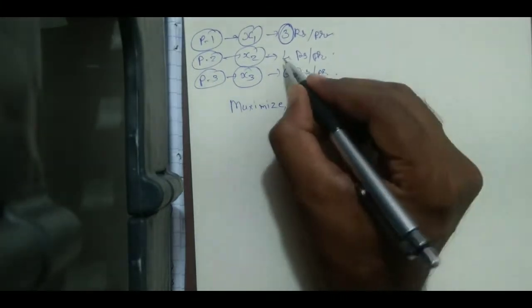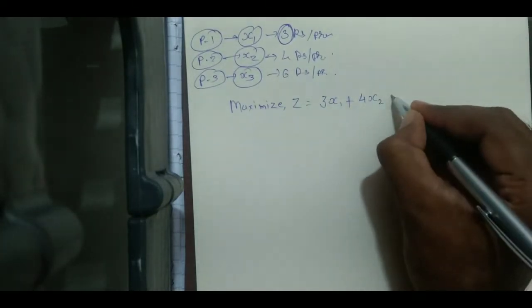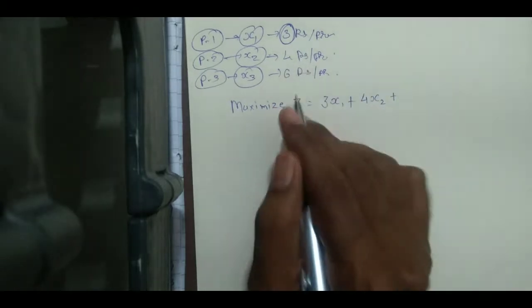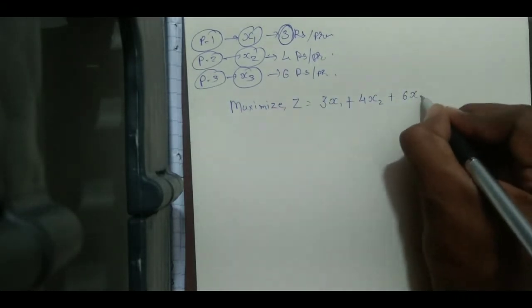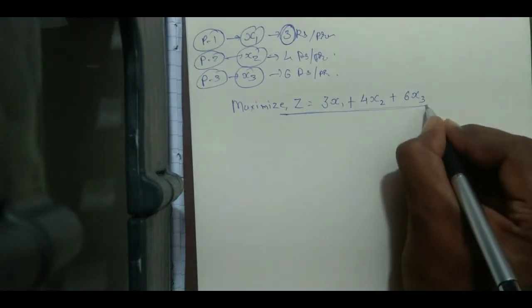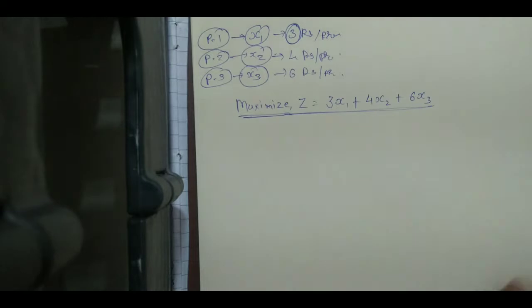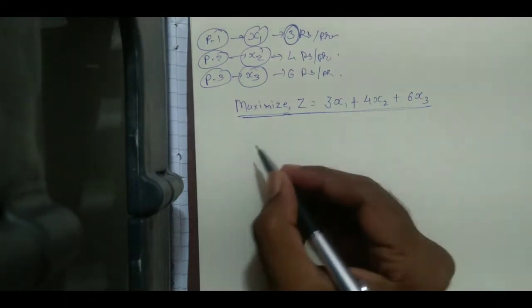For product 2 that is 4x2, and plus for product 3 that is 6x3. So we have to maximize over all these 3 products, and it is a maximization problem.